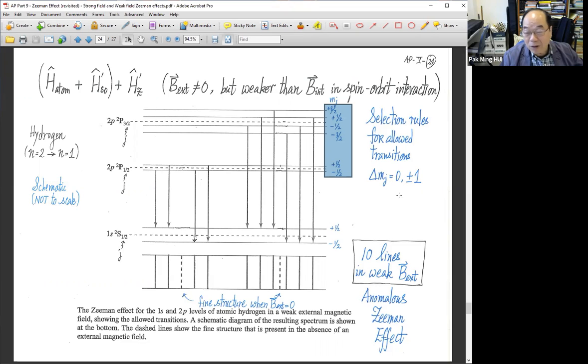Now you see, very interestingly, instead of the fine structure, one line here, it gives 6 very closely spaced lines. And for this one, there will be 4 very closely spaced lines. So let me summarize.